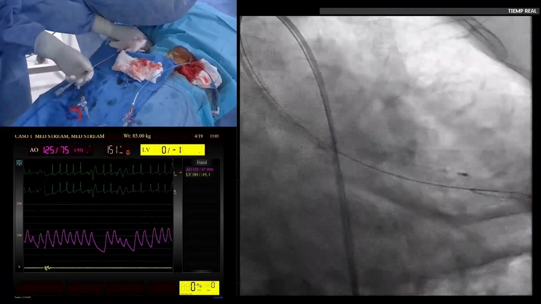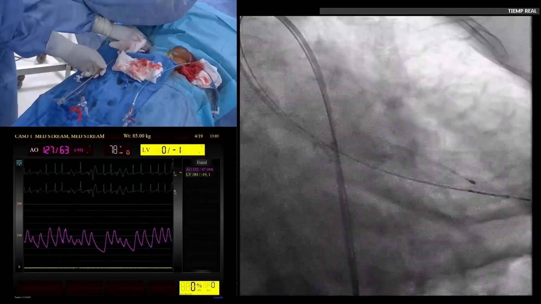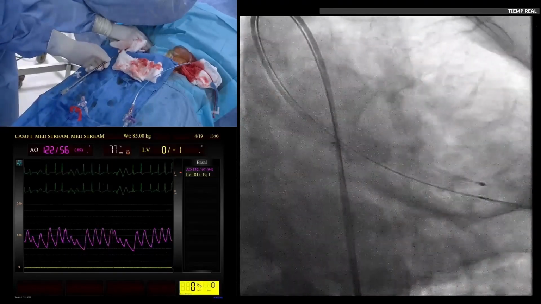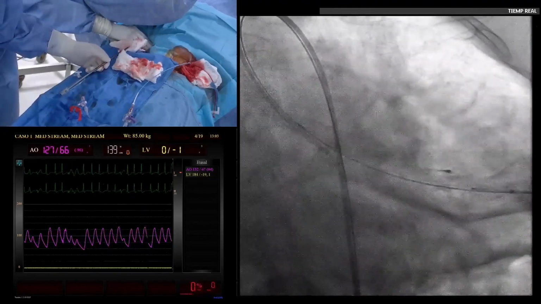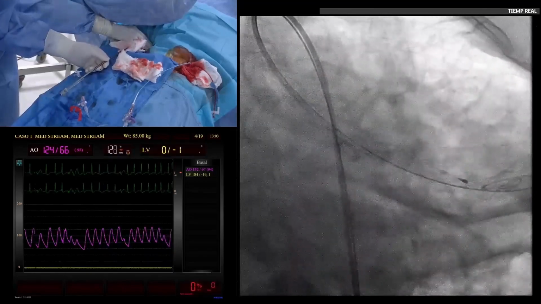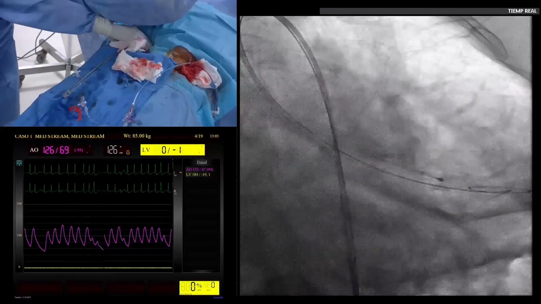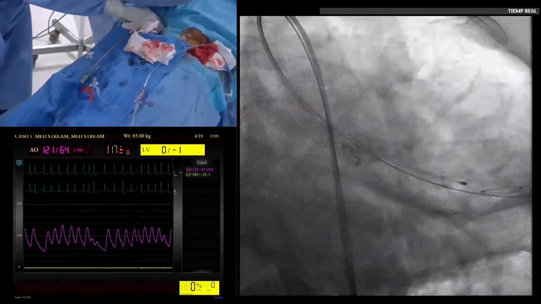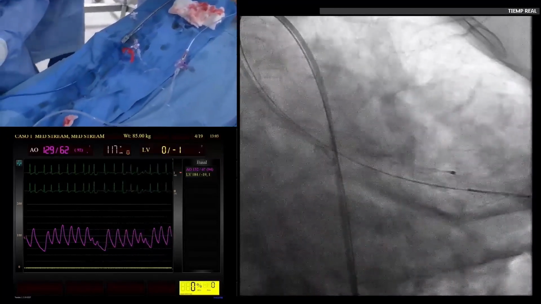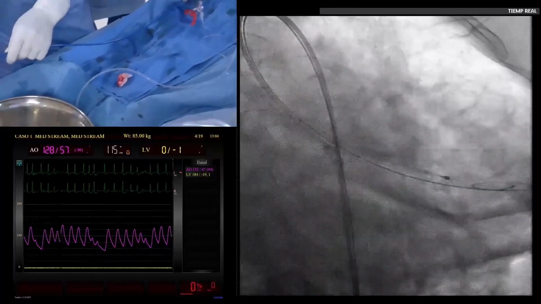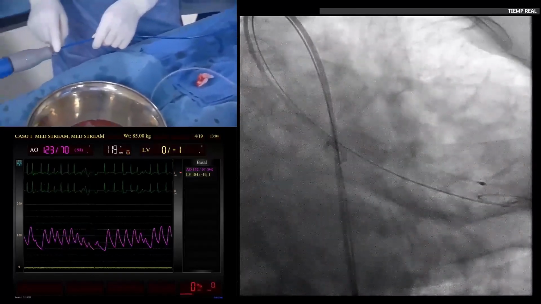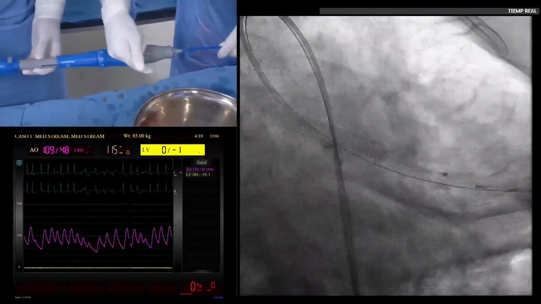First, before introducing the valve, don't pull the wire too much. Déjamela. Ahí, adelante. If we can show here, zoom out, we can see the handle here, and you can observe here the port is oriented at 3 o'clock.